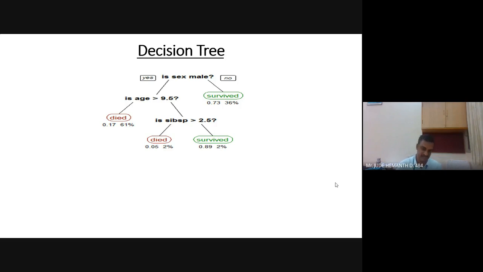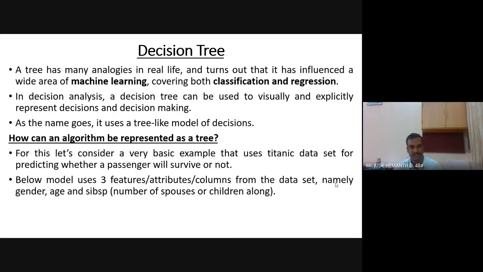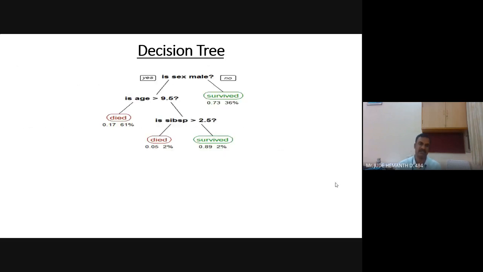So what are the features we have chosen here? Gender, age, and number of spouses or children. Gender, male or female. Then we have the age, 0 to till 60 or 70 or whatever it may be. Number of siblings or spouses, persons accompanying you.